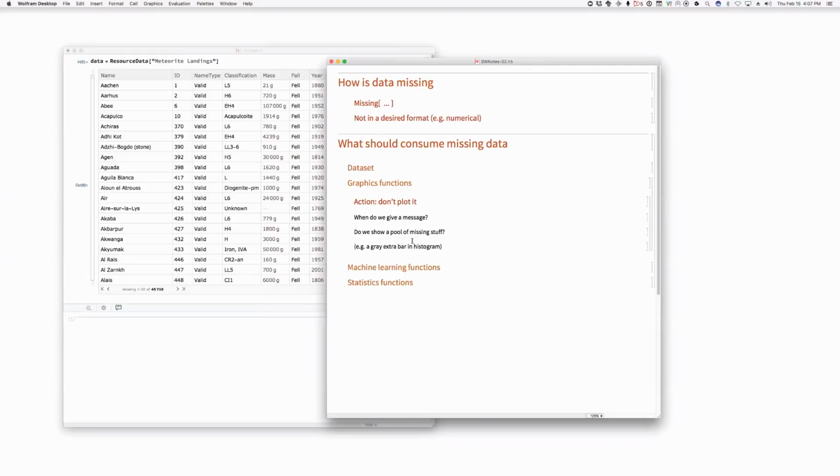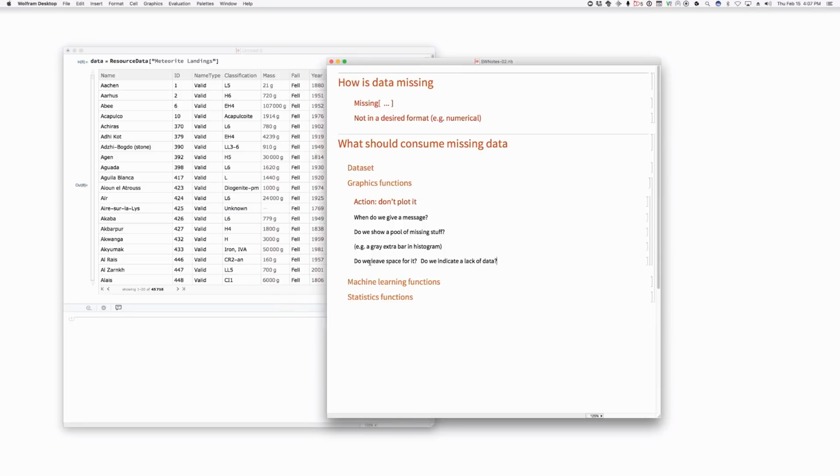Right. Okay. So the main action is don't plot it, but what are the other possible actions? Do we leave space for it? Do we indicate a lack of data? Let me give you an example.